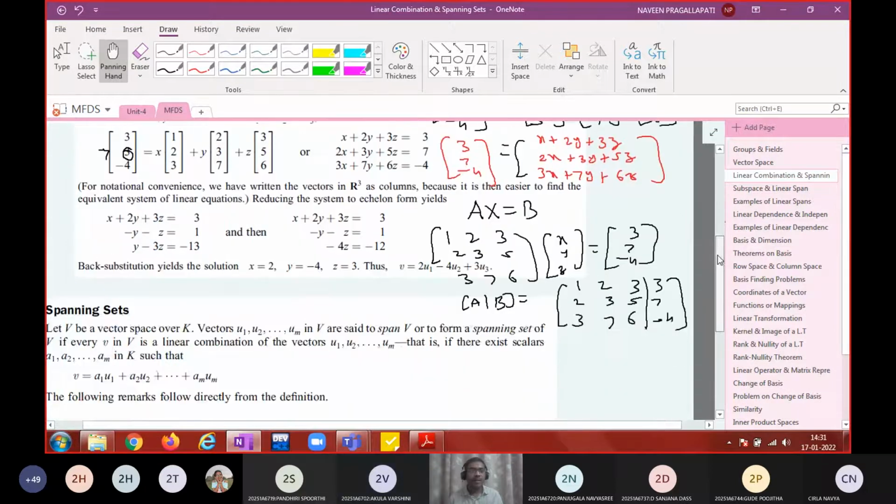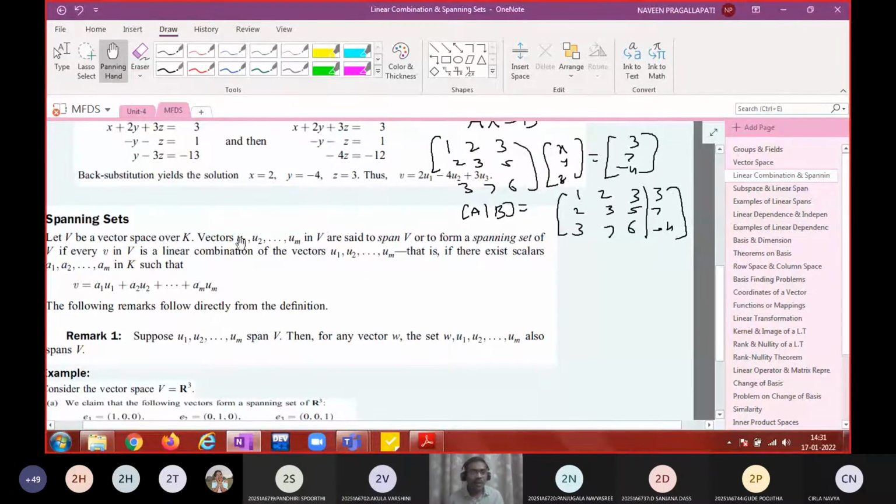So what are spanning sets? Suppose you have a set of vectors like u1, u2, and so on, un. You find all possible linear combinations. The set that is formed by all possible linear combinations is called a spanning set.